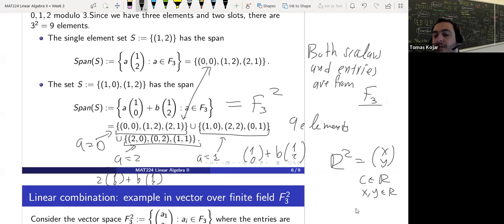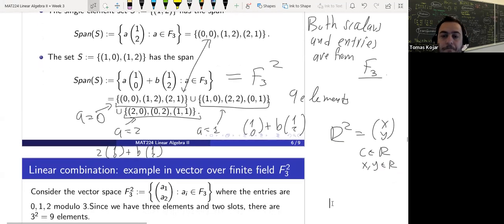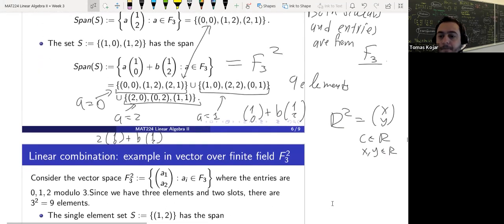They're all from the reals, same field for everybody. So it's the same idea. You should keep in mind the reals when we do this, because it's the same sort of structure. Okay. So the field is 0, 1, 2.